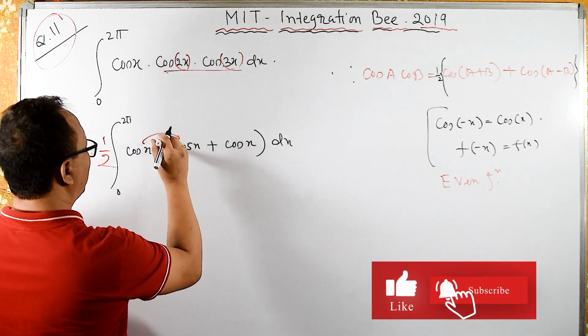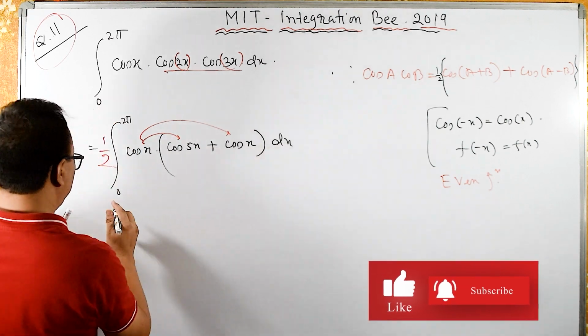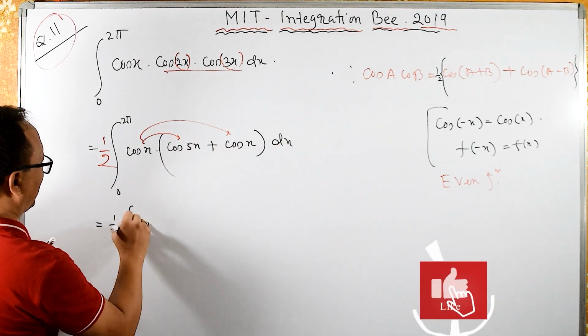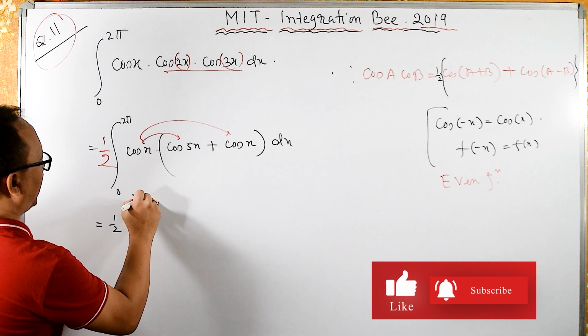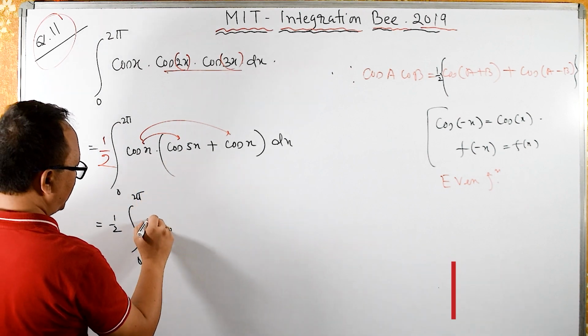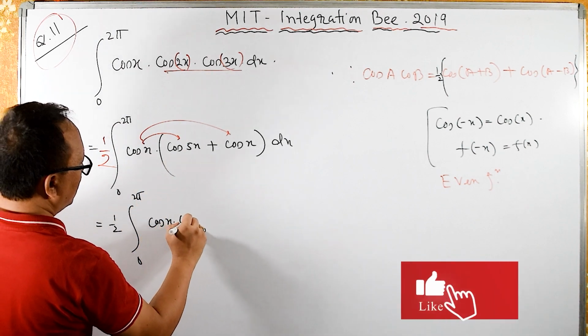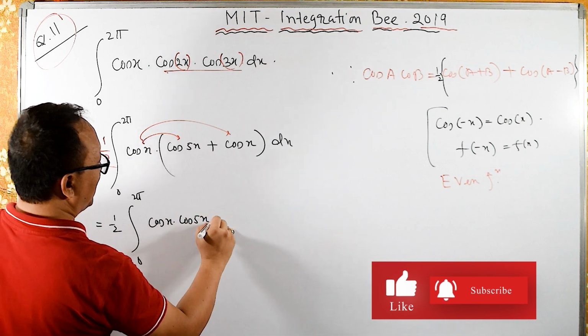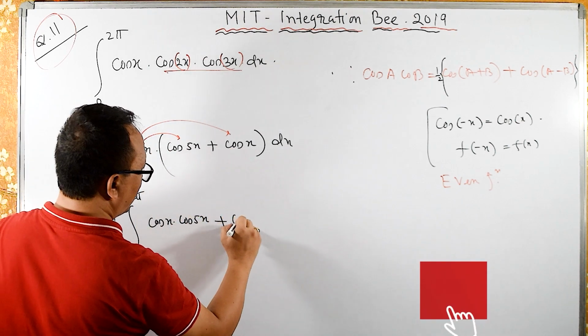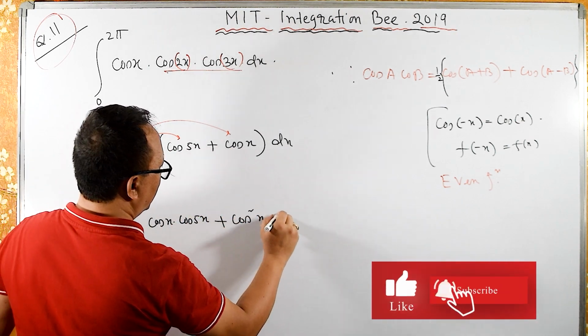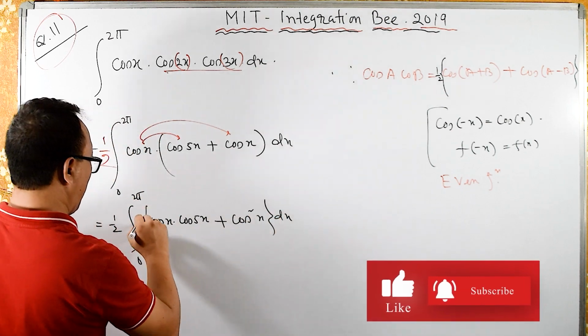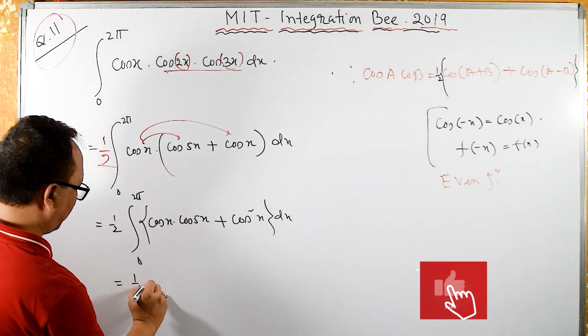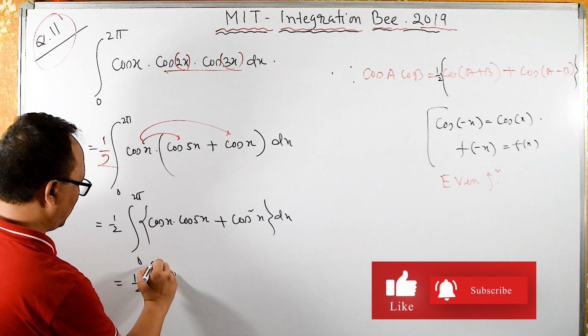So this we need to multiply over here. This is the same as half 0 to 2 pi, this into this is cos x into cos of 5x plus this into this is cos square x into dx, equals half integral 0 to 2 pi.